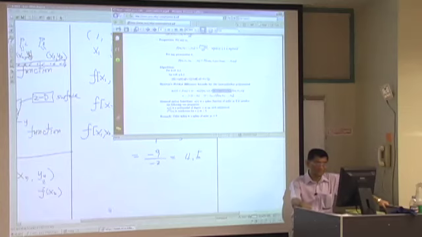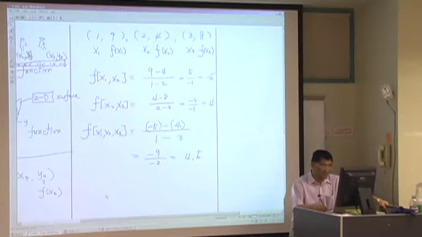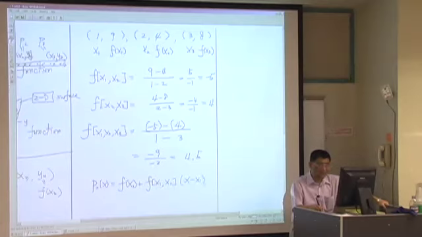So by Newton, the P sub 2 of x polynomial equals f of x1 plus f of x1, x2 multiplied by x minus x1, and then f of x1, x2, x3 multiplied by x minus x1, x minus x2, right?